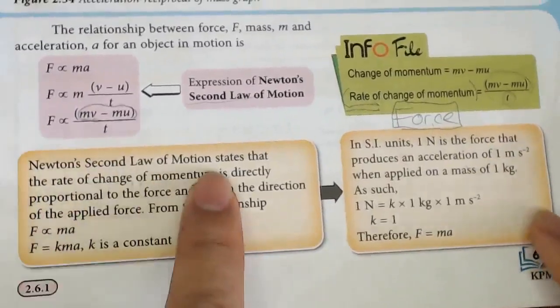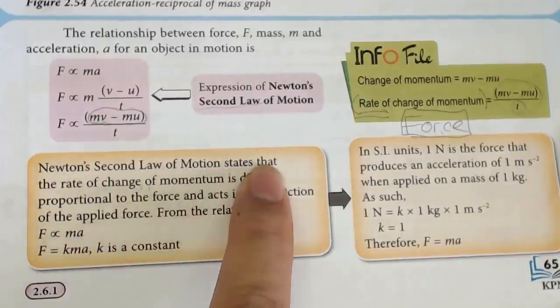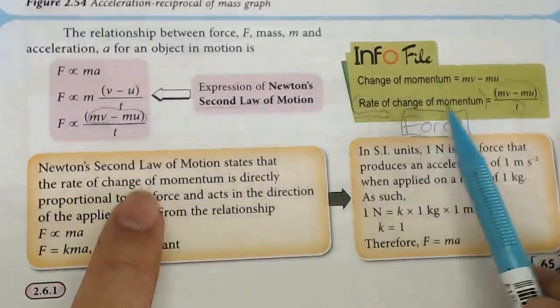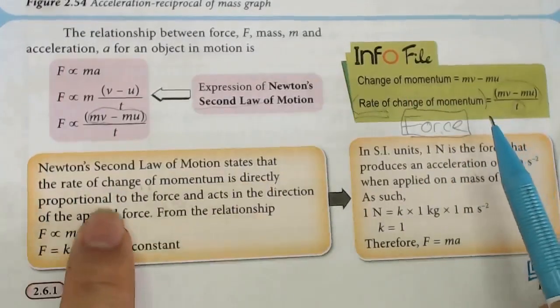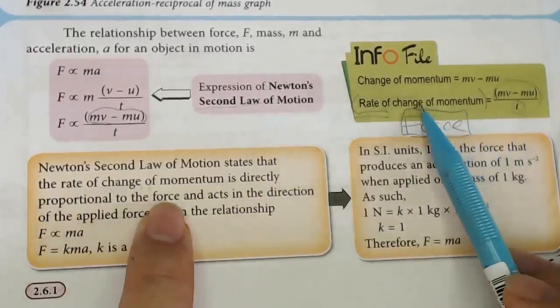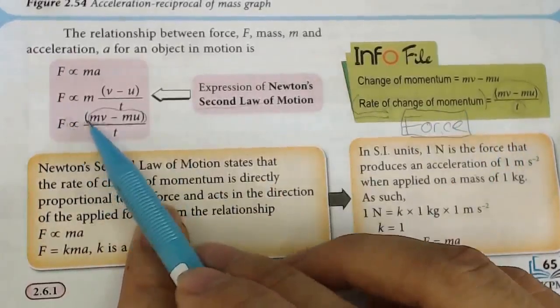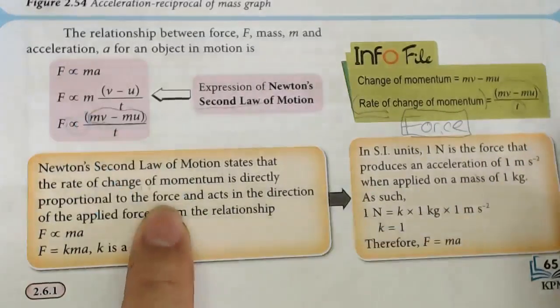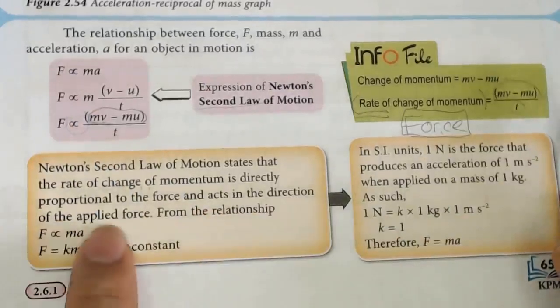or the long definition is this. Newton's second law of motion states that the rate of change of momentum is directly proportional to the force, and acts in the direction of the applied force.